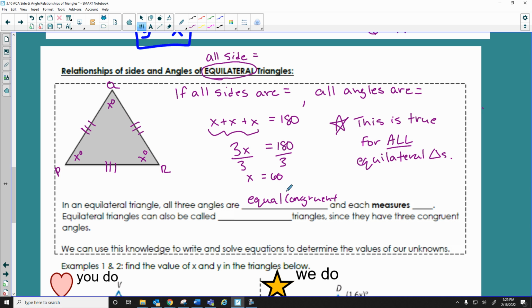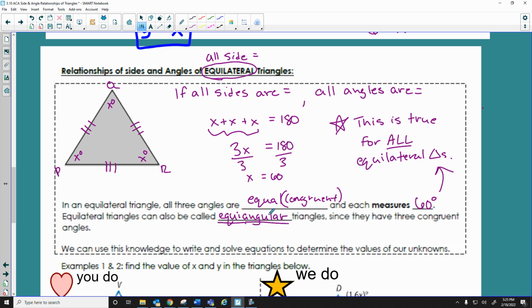They're all congruent, they are all equal. And they will always measure 60 degrees. Again, this is true for all equilateral triangles. Because they're equilateral triangles, and because all the angles are the same, there's another fancy word, we can say they are equiangular. Say that word. Equiangular, which means equal angles.